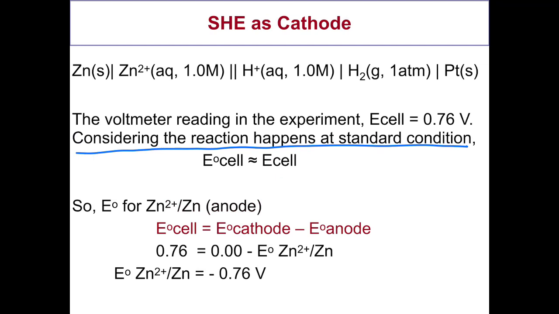Since we know that zinc is the anode and SHE is the cathode, we can use the formula E° cell equals E° cathode minus E° anode. The E° cell is 0.76, the E° cathode is 0, and E° anode is the value that we want to find. Hence, we will get the value for E° anode, which refers to the zinc, as negative 0.76 volt.